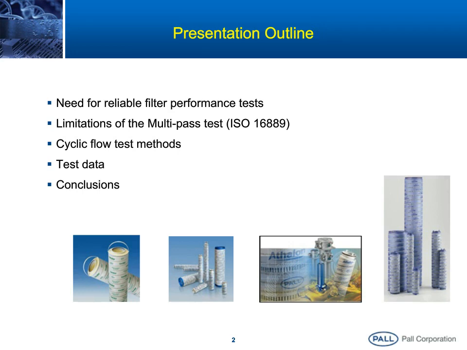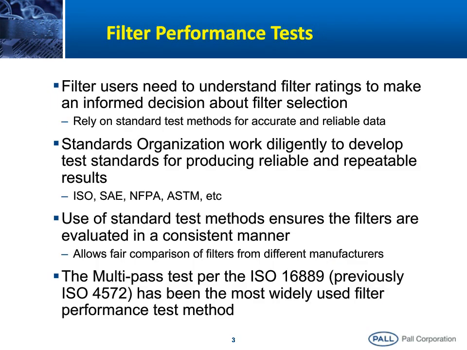In order to make an informed decision about which filter to use, one needs to understand and trust the information they are provided about the filter's performance. Reputable quality filter makers always use test methods from standards organizations such as ISO, SAE, and FPA to test and rate their filters.